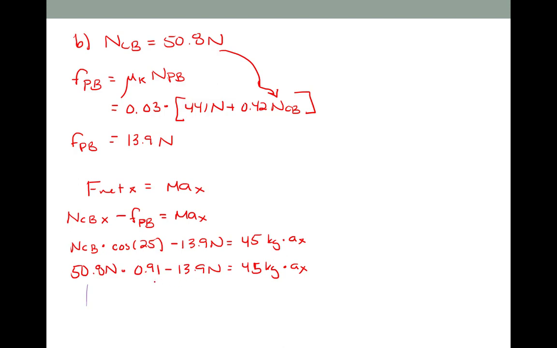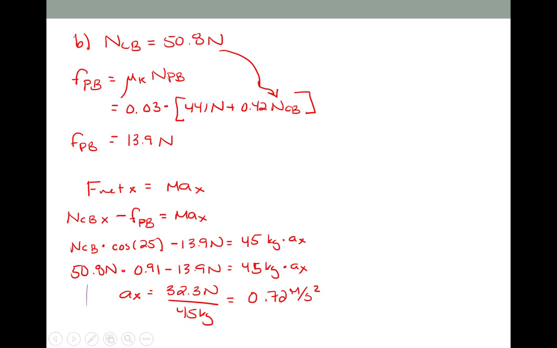Multiplying and subtracting results in this side equaling 32.3 newtons. So now I can say the acceleration is going to be 32.3 newtons divided by 45 kilograms, which equals 0.72 meters per second squared.